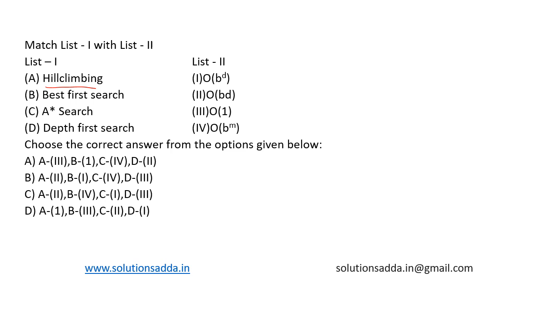Hill climbing is a heuristic search algorithm that continues to move towards the direction of increasing value to find the peak of the solution space. So first of all, let's see hill climbing.